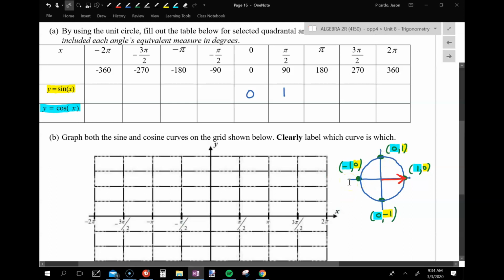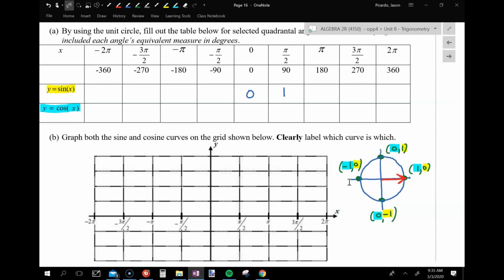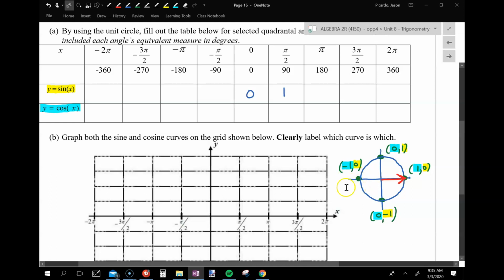So what's this value going to give me? I'm here at 180 now, right? So which is the sine of 180? 0, good. All right, and now I'm going to go to 270, so now I'm down here, right? What's that one going to give me? -1, good. And then I'm going to go 360, which means I'm going to go all the way around to where I began. And what was the y value where I began?